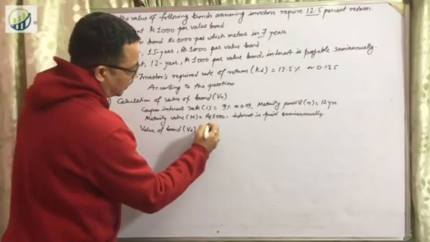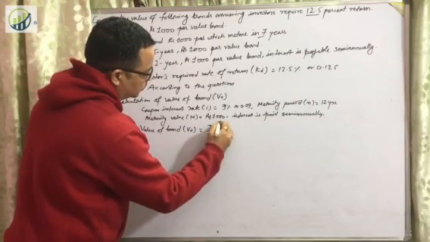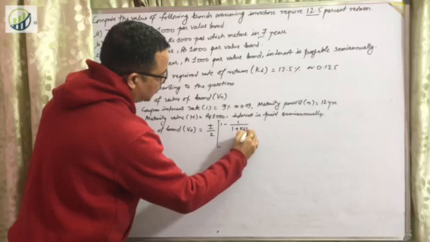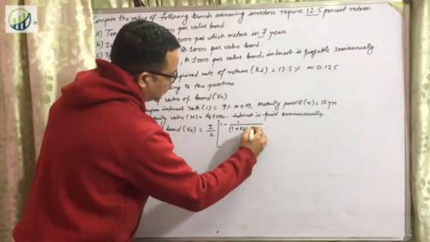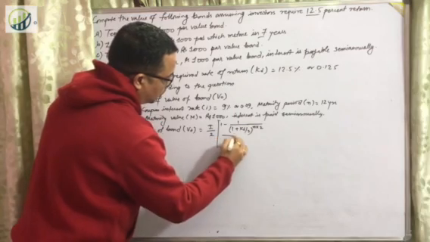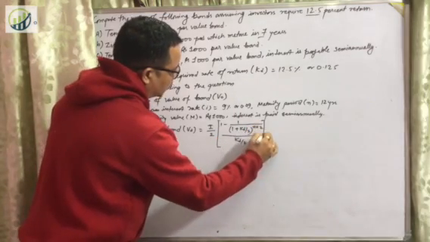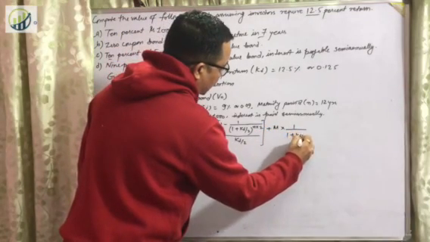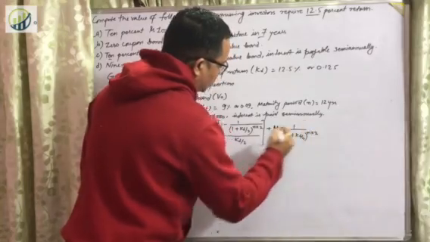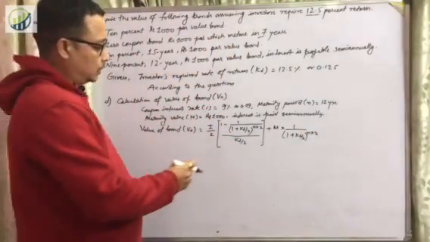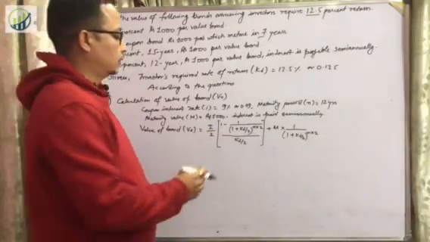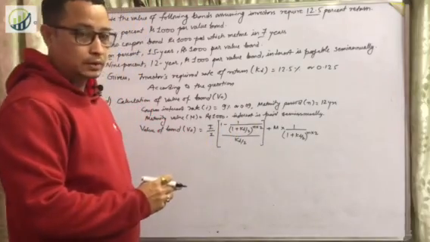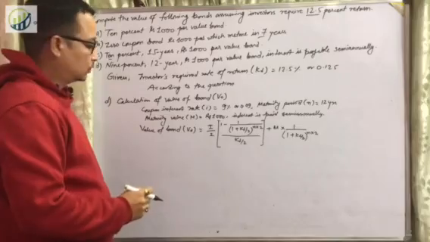B0 equal to I divided by 2 bracket 1 minus 1 upon 1 plus kd by 2 bracket N into 2 upon kd by 2, plus M into 1 upon 1 plus kd by 2 bracket N into 2. Since the interest is paid semi-annually, you have to divide the required rate of return by 2, multiply the maturity period by 2, and also divide the coupon interest rate by 2 to find the coupon interest payment.